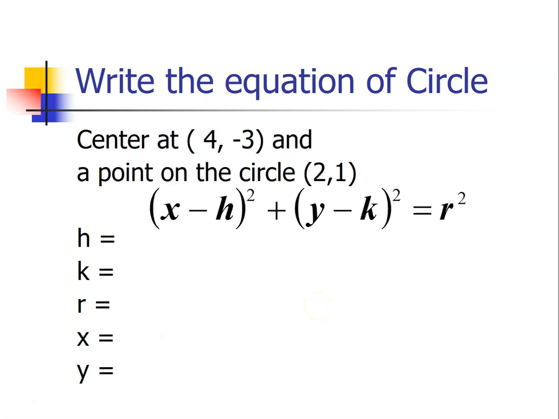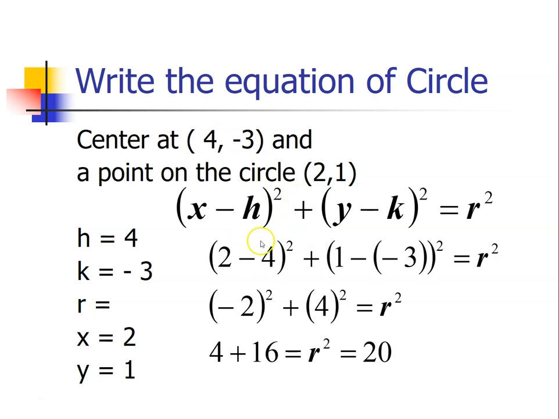Next, how about the center of a circle is at (4, -3), and you are looking for the radius. The radius is not given. The point on the circle is at (2, 1). So you have h and k, x and y, and you just substitute. 2 is the value of x, 1 is the value of y.